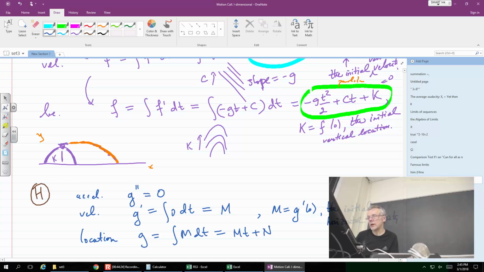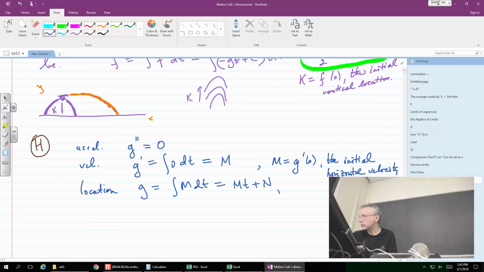We have a linear function. So certainly simpler than the last one when it was quadratic, but it makes the picture complete. So where n is equal to g of 0, it is the initial horizontal location.